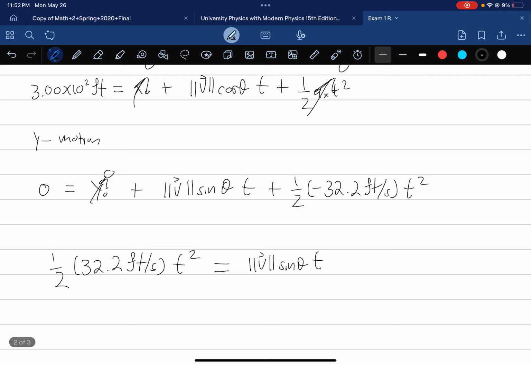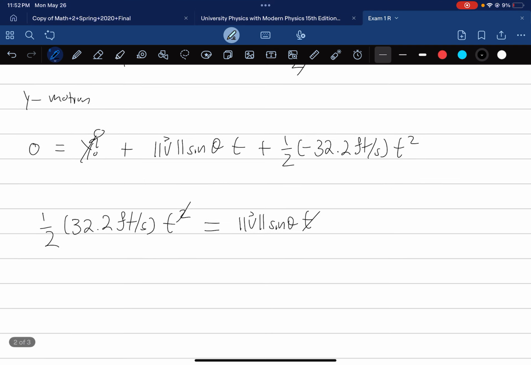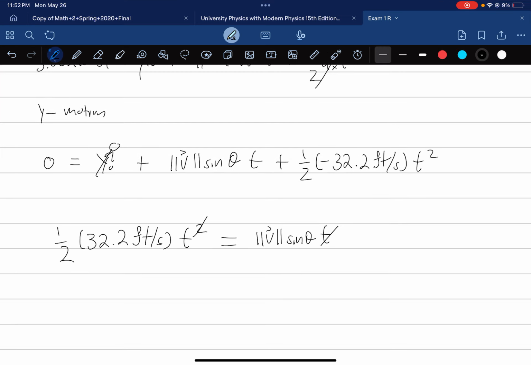We know that the t terms cancel out, and we're just left with one t on this side. So that's good enough. Now we can just solve for t.